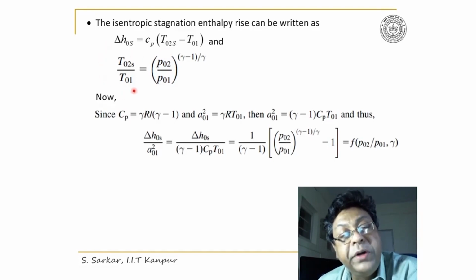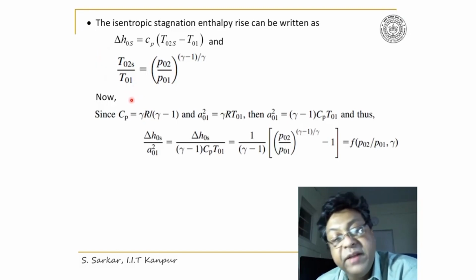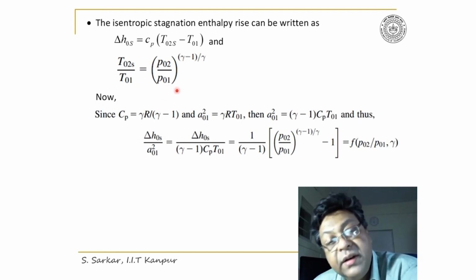Now the ratio of T02s by T01 can be expressed as the ratio of P02 by P01.